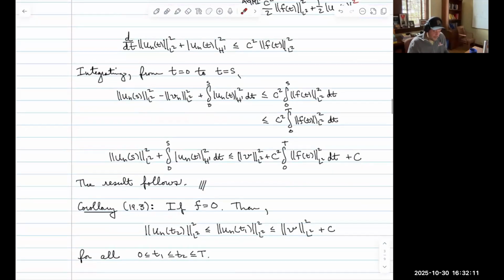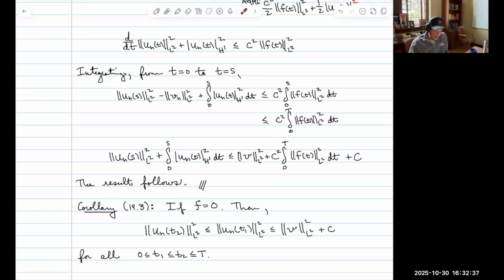So that's why, instead of VH over here, I'm getting V L2 norm squared plus a constant. Sometimes I don't need that constant. There's a certain projection you can use where that constant just goes away, but otherwise it's just going to be there.